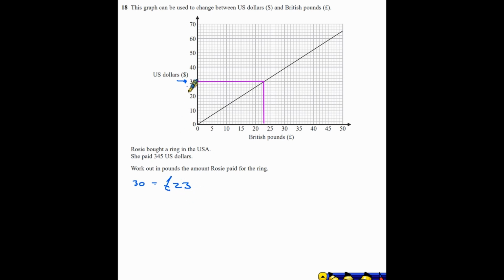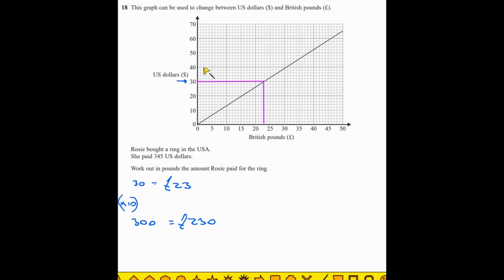So if $30 is £23, if I multiply all that by 10, that means that $300 would equal £230. I've simply multiplied by 10. Now that gives me $300. I want another $45. Now my graph will allow me to do this, and again I just need to be as accurate as I possibly can here.